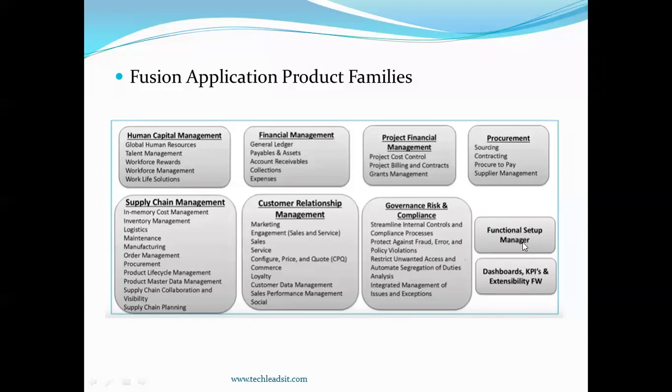From this functional setup manager, we can set up and configure all business related setups in one place. If you want to set up human capital management, simply go to the functional setup manager and do it. Whereas in R12, we have separate setups and configurations for each module.